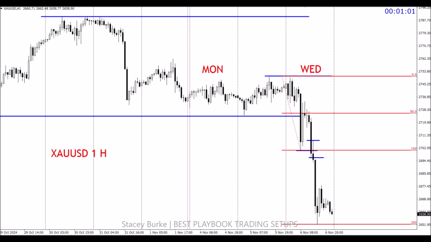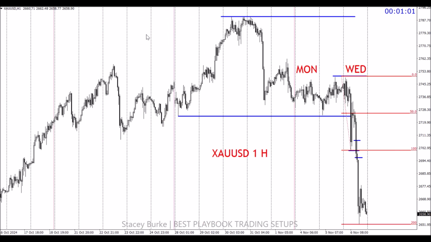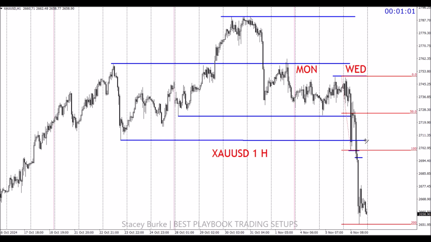Now, if we back this chart up and we look at our previous high-low boundaries that were made the previous week, we had a larger rectangle where the breakout failed. We have our low of week level that projects across right to the top of our last hour prior to the US session, the 7 a.m. candle.